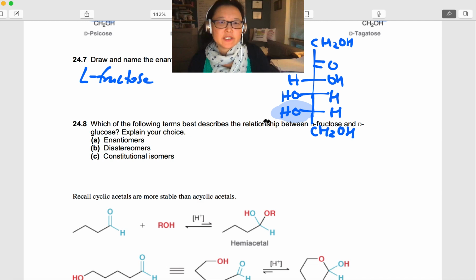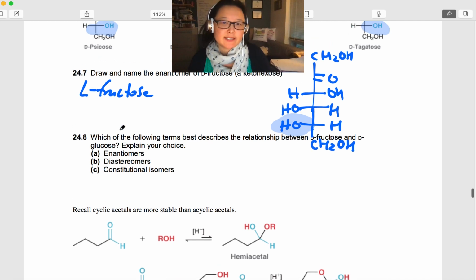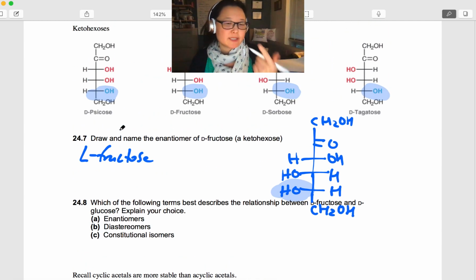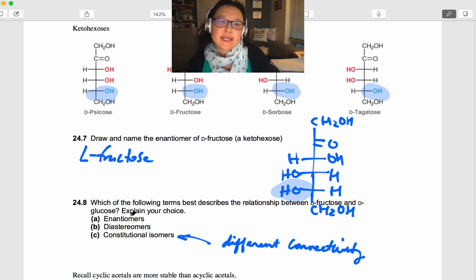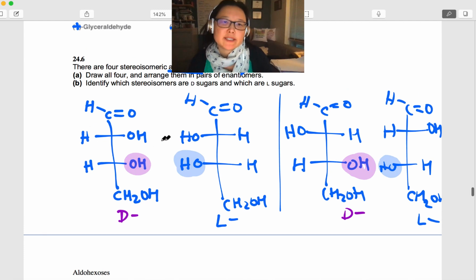So the relationship between D-fructose and D-glucose, I have enantiomer, diastereomer, constitutional isomer. Constitutional isomer, by the way, is when you have isomers that are connected differently, whereas enantiomers are mirror images that are non-superimposable. These are enantiomers. And diastereomers are stereoisomers that are not mirror images.